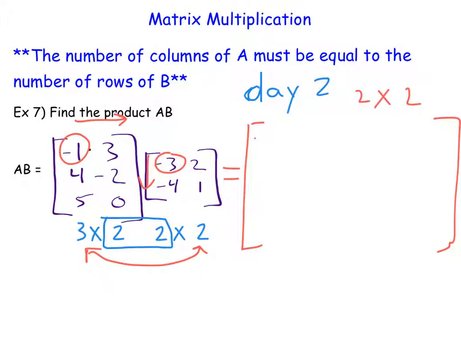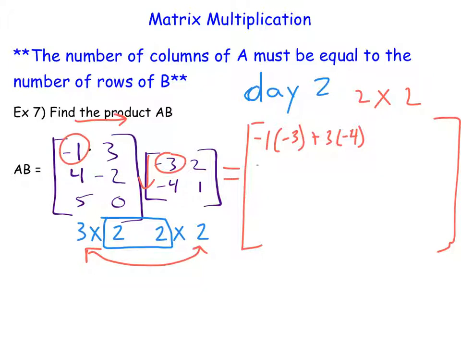I would do -1 times -3 plus 3 times -4. To get to the next entry, I'm going to go down one row. Think of it this way: right now I'm building the first column of this matrix, so I'm working my way down.